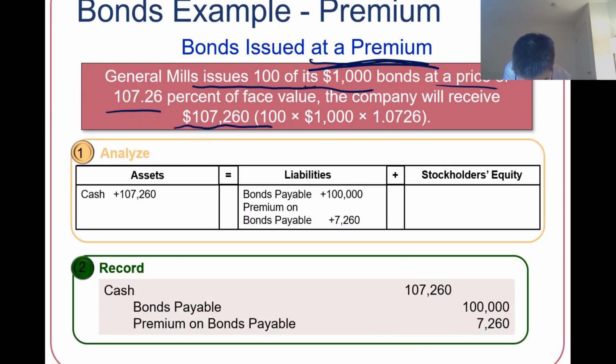It doesn't matter what our face value is. Now our cash receipt is $107,260, right? So we debit cash for that amount, and then bonds payable is only the face value.